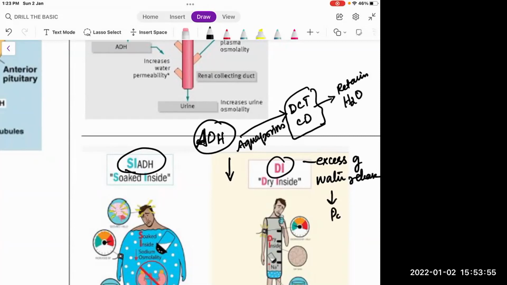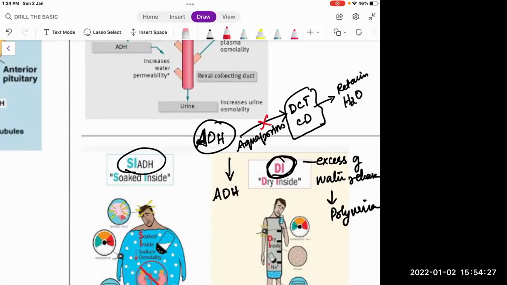You term it as polyuria, which is a common clinical feature of diabetes mellitus. But here it is also called diabetes, but it is insipidus. This diabetes insipidus is due to the deficiency of ADH. So when there is a deficiency of ADH, it will not have its role on the aquaporins. It will not activate the aquaporins.